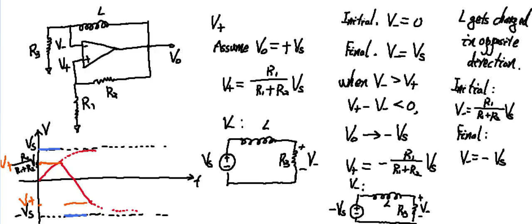Again, we realize that when V minus crosses V plus, the comparator's output state will also be changed again.